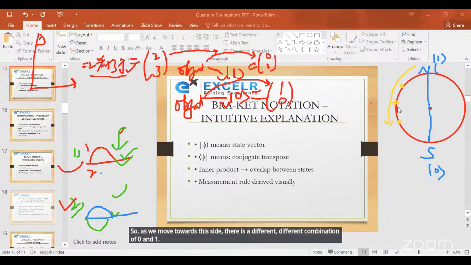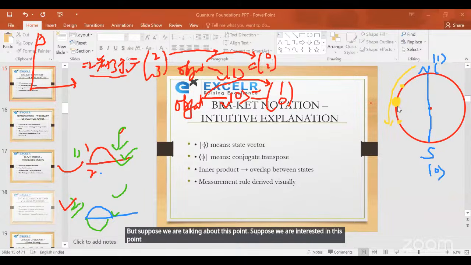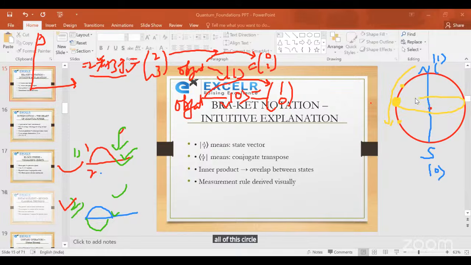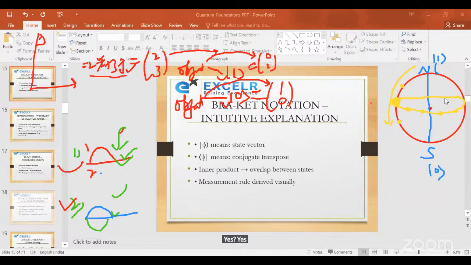But suppose we are interested in this point, on this whole circle. The combination of 0 and 1 is the same for all the points on this circle.